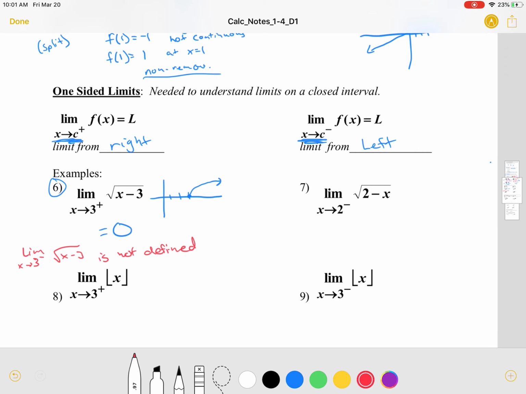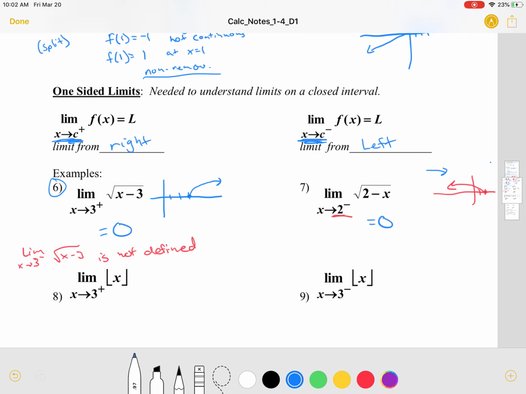In number 7, we have a very similar graph, except it goes in the opposite direction. Now we're looking at it from the left side, which means from the left it approaches 0 again. As we look at the graph going from this direction, it ends at 0, same as the other.